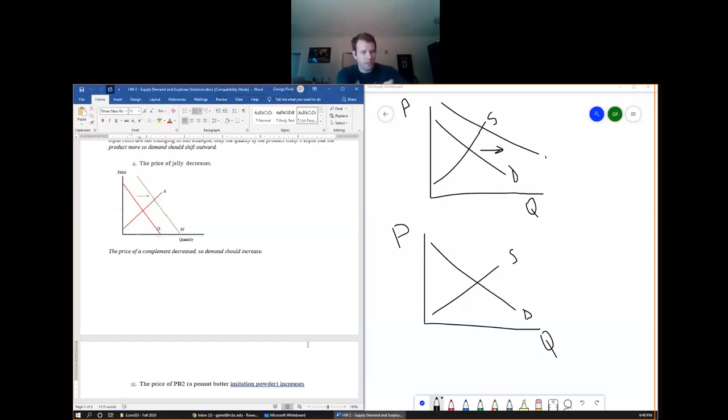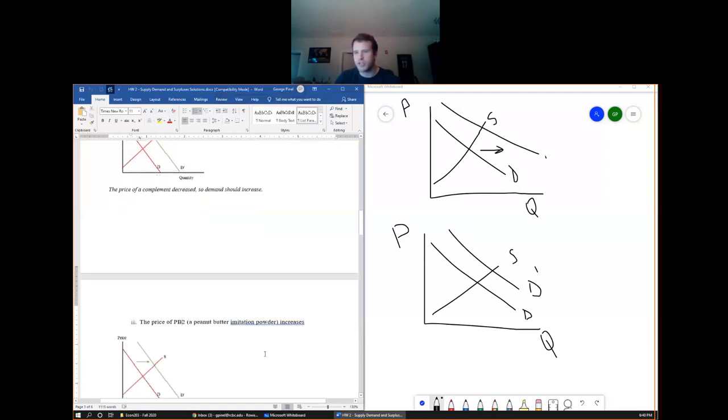You would eat the other thing, the thing whose price would stay the same if it increased enough, right? So you'd expect if the price of peanut butter 2 or PB2 increases, that you would consume more peanut butter. And if you're consuming more peanut butter, it's because of a demand shift. Okay. So the price of a substitute good increased, so demand should shift outwards.